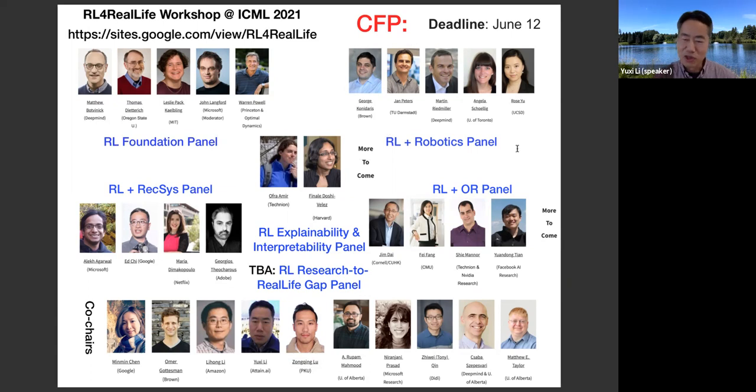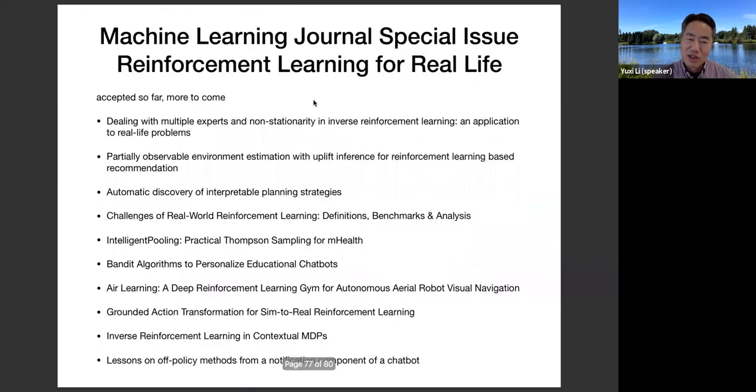Main topics: robotics, recommender systems, interpretability, foundations, and also a research-to-real-life gap panel. I think this one is highly recommended, so check it out. We have a web page here. And these are the papers already accepted in the machine learning special issue.